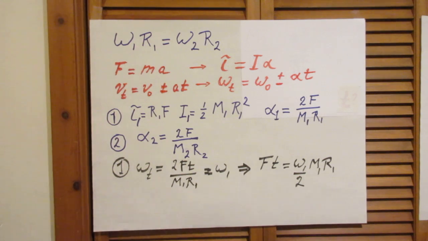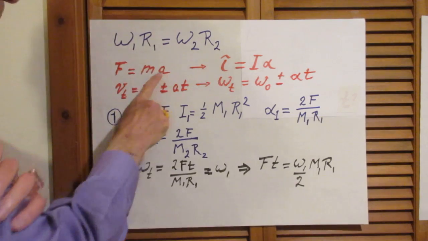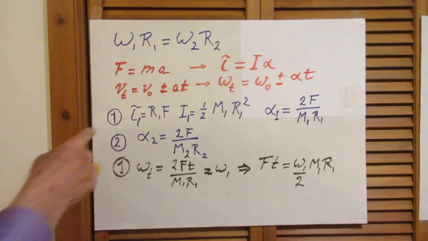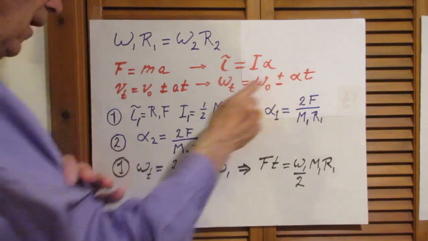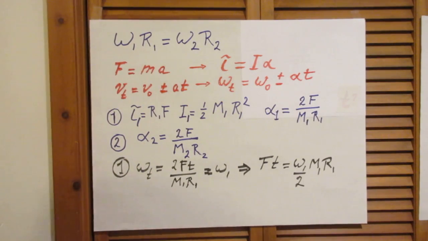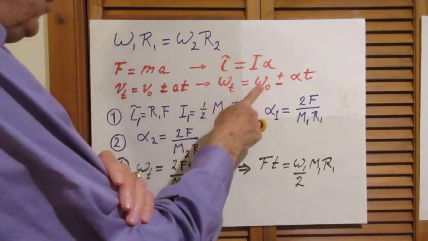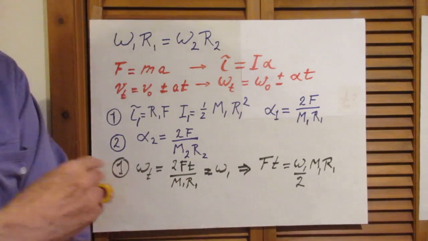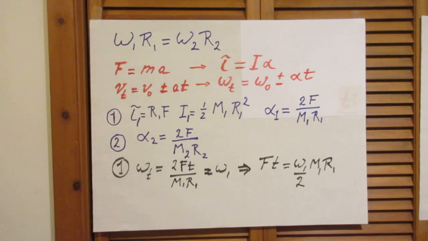So alpha is d omega dt, just like A was dv dt. So in parallel to this equation, we can write down now here that the angular velocity at time t is the angular velocity at time 0 plus or minus alpha t. Alpha is then the angular acceleration and t is the time.